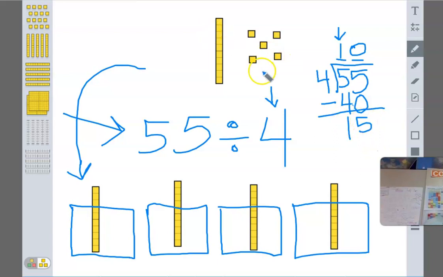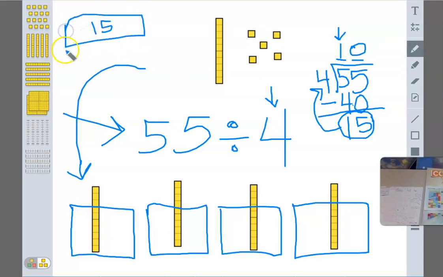So now I have to be able to say, all right, if I have 15 pieces, how many is each person going to get now? So now I'm thinking, what's 15 divided into 4 groups? So here I have 15, right? And I'm saying if I divide that equally into 4 parts, how much will each person get?